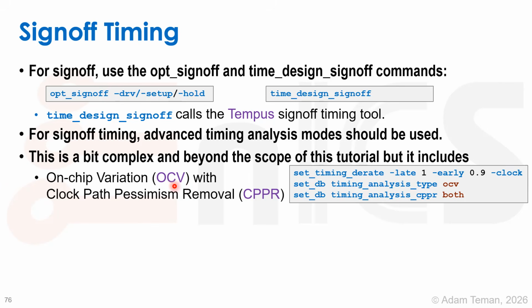That is what we call OCV, and that's separate from the regular timing that we've been discussing, which is called best case, worst case, where we just check setup and hold regularly. Set timing derate is usually the command that you apply to implement OCV, but you also have to add setDB timing analysis type OCV to have the tool take this into account. In fact, when you put OCV on in Innovus, even if you don't apply timing derate, it's going to use the worst case libraries for your data and clock path.